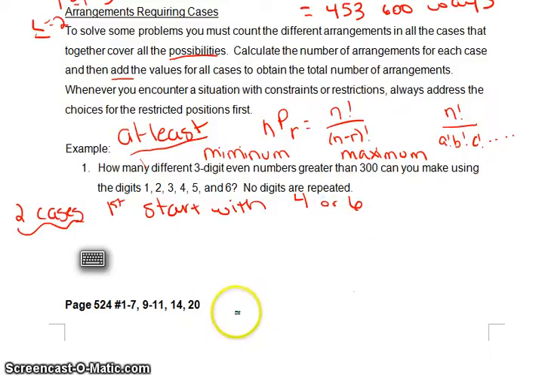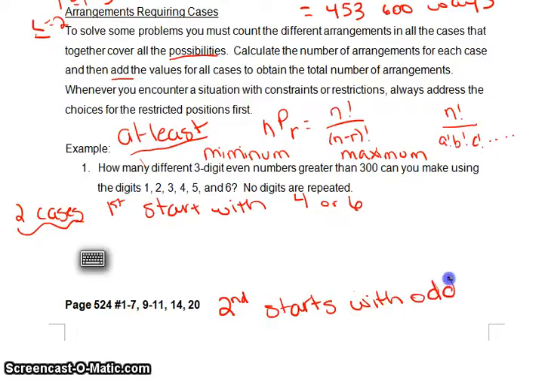Our second case is when the number starts with an odd digit, which would be 3 or 5. Remember, don't include 1 there, because then it'd be less than 300. So our first case is when it starts with 4 or 6, and our second case is when it starts with 3 or 5.